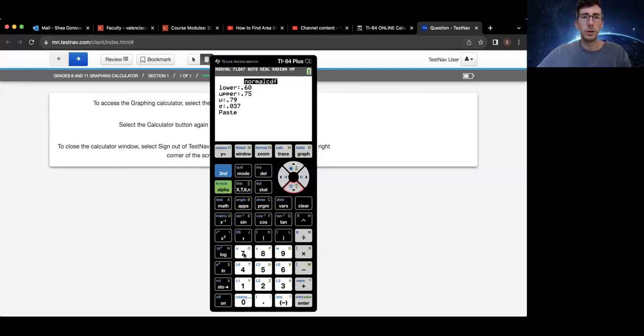Our mean itself was 0.70, not 0.79, so I'll just update that. And our standard deviation, let me recalculate that real quick. 0.7 times 0.3 divided by 200, and the square root was 0.032.